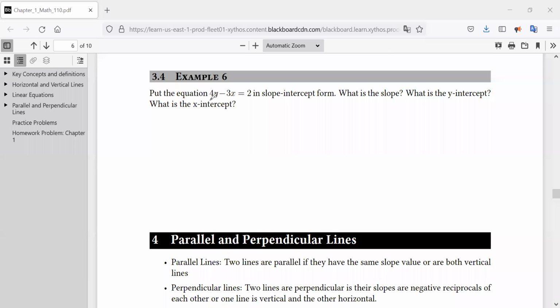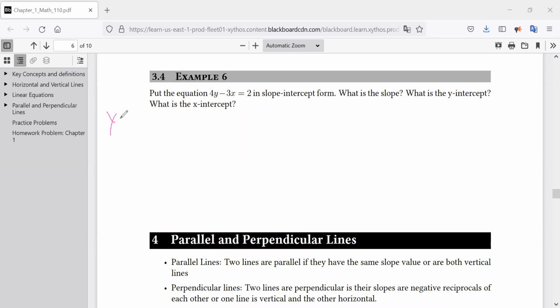So if we want to put this equation into slope-intercept form, we can rearrange this a little bit. First off, what's people's first instinct for how to rearrange this? Y equals mx plus b.